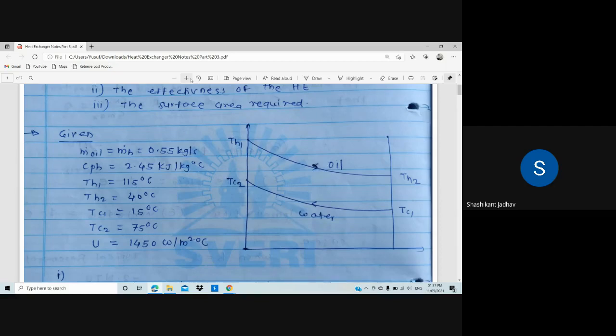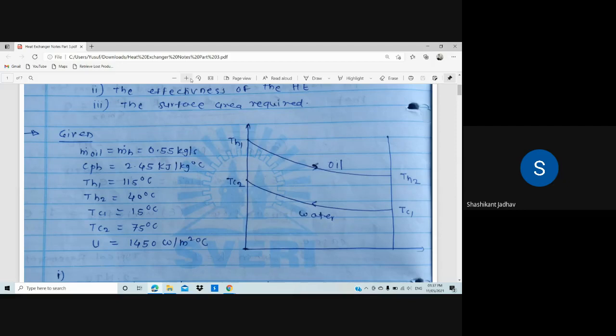Can anyone tell me how to calculate the mass flow rate of the water? That type of problem we have already solved in the LMTD method also. So which equation did we use there? The same equation we have to use here to find the value of the mass flow rate of the water.